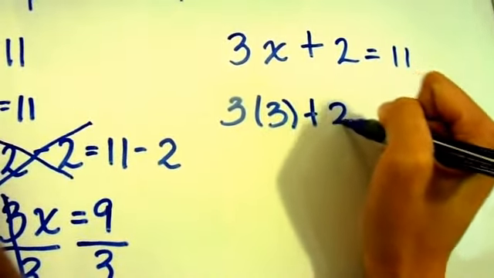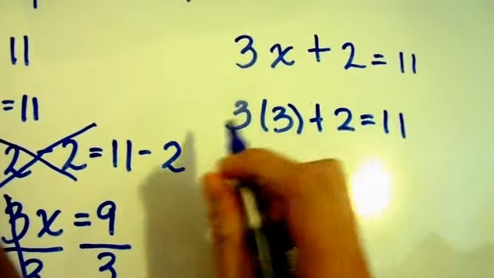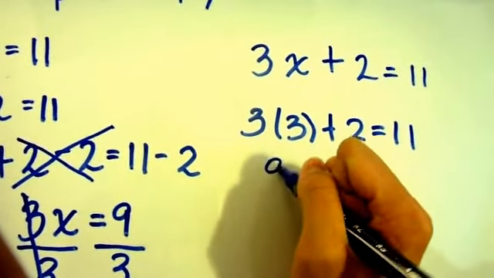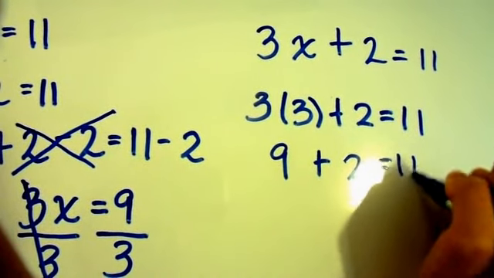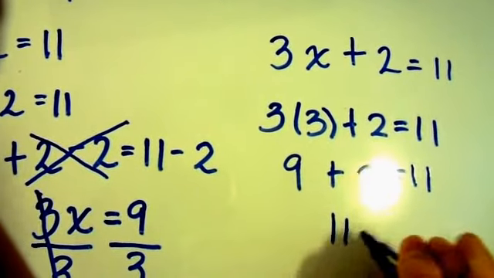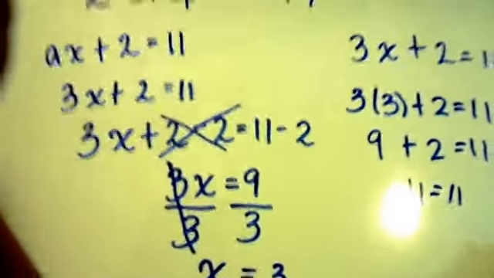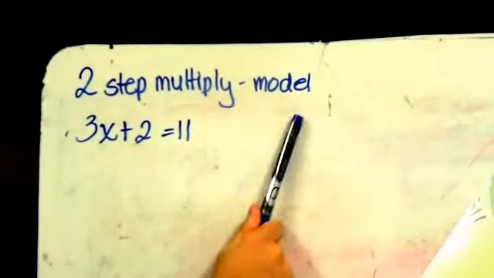Add the 2. Now we perform these operations left to right. So 3 multiplied by 3 is 9, add 2 equals 11. 9 plus 2 is 11. And we should say 11 equals 11. And this is how you perform two-step multiply modeling.